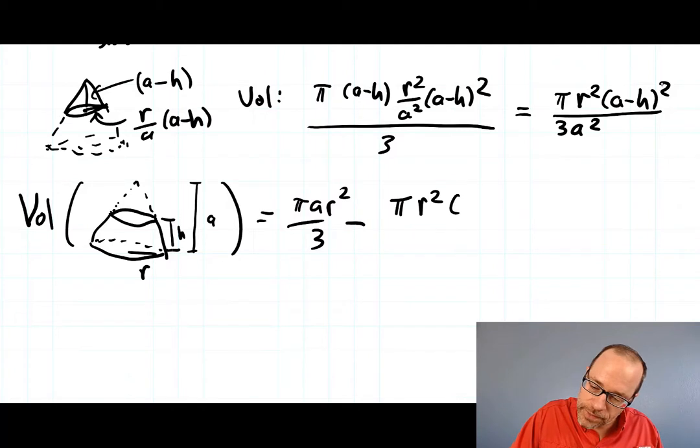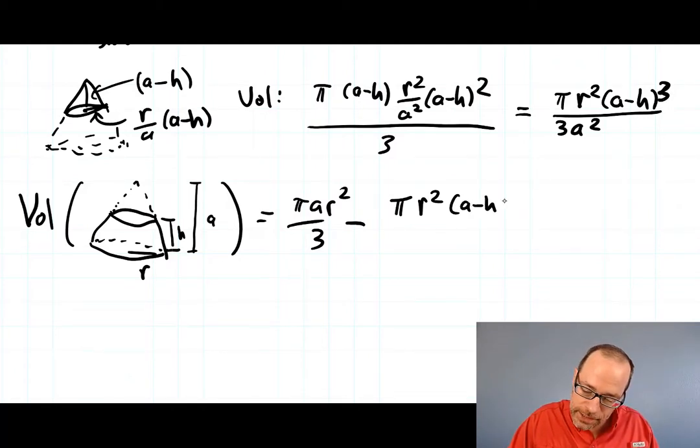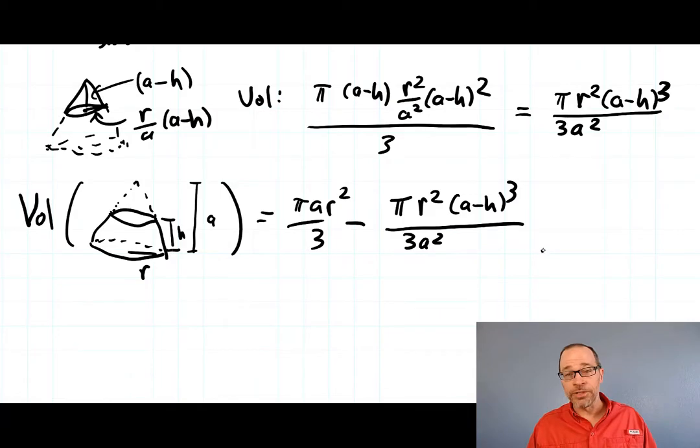Ooh, this should have been a cubed. Apologies. a minus h cubed all over 3a squared. So that's the volume we'll need in our next example. See you soon.